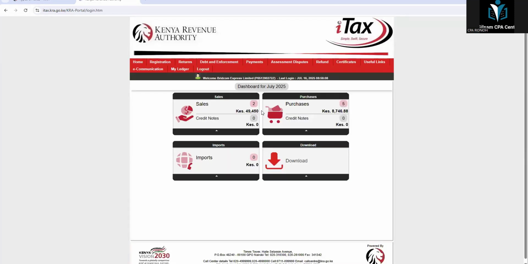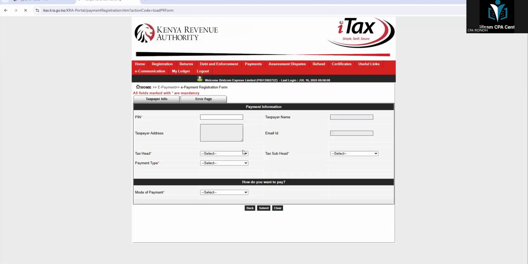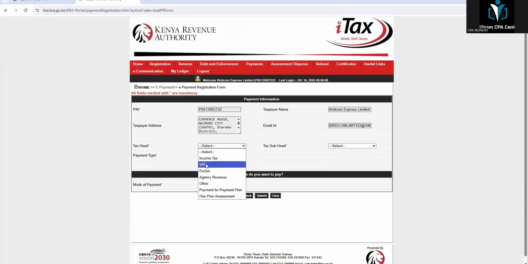For example, let's say we want to pay the withholding VAT. We just need to go to payment registration. In the payment registration, you select the VAT.